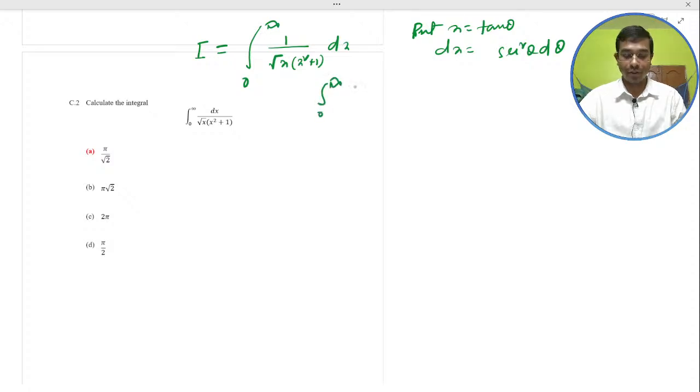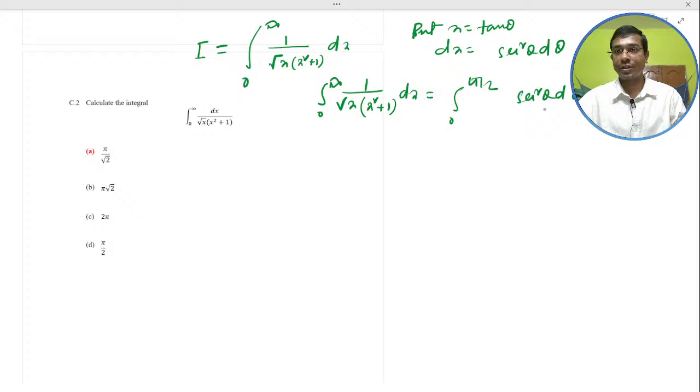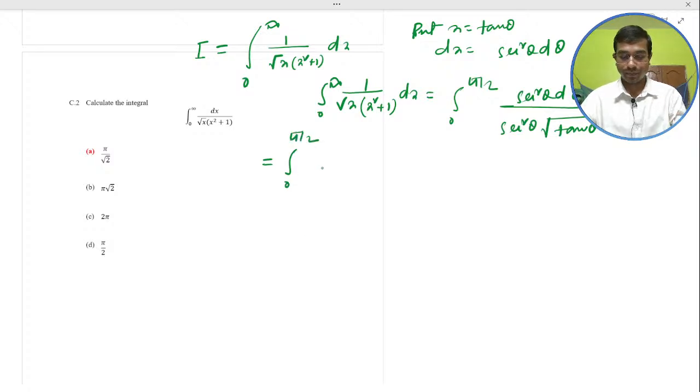Now the integral from 0 to infinity of 1 by root x squared plus 1 dx becomes the integral from 0 to pi by 2 of sec squared theta d theta divided by sec squared theta root tan theta. That becomes the integral from 0 to pi by 2 of cos to the power half theta sin to the power minus half theta d theta.